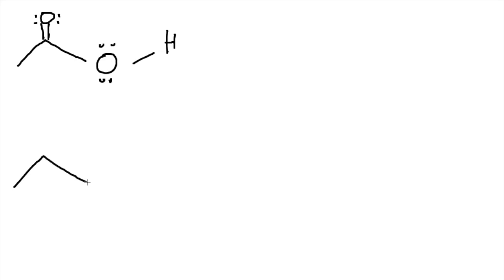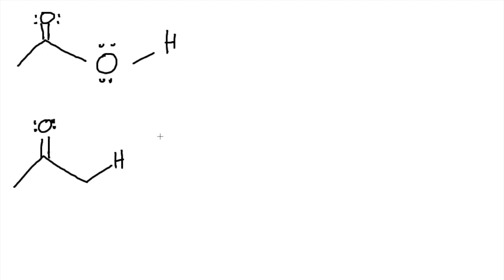Now, what if we were given an example a little bit more complicated, a little different from the other one? We have the structure right here, and we had to compare it to the structure at the bottom.